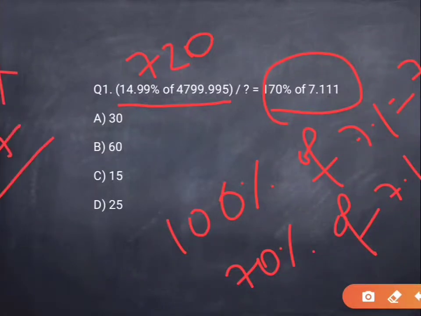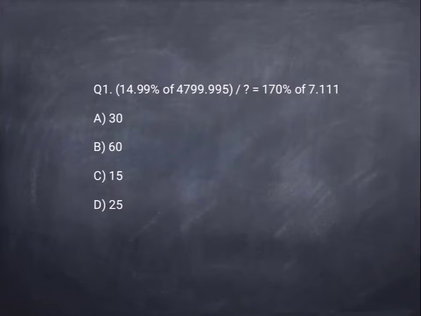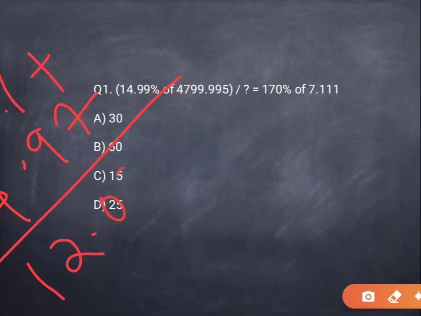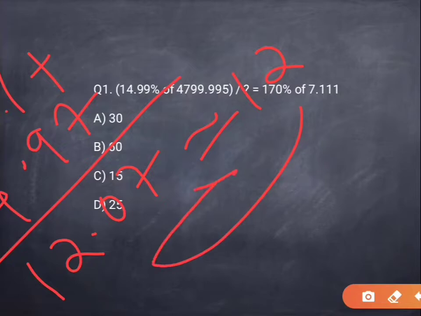So 70% will be 0.71 into 7, that is 4.97. Now we get 100% of 7.1 as 7.1 and 70% of 7.1 as 4.97. So 170% of 7.1 is equal to 12 approximately.